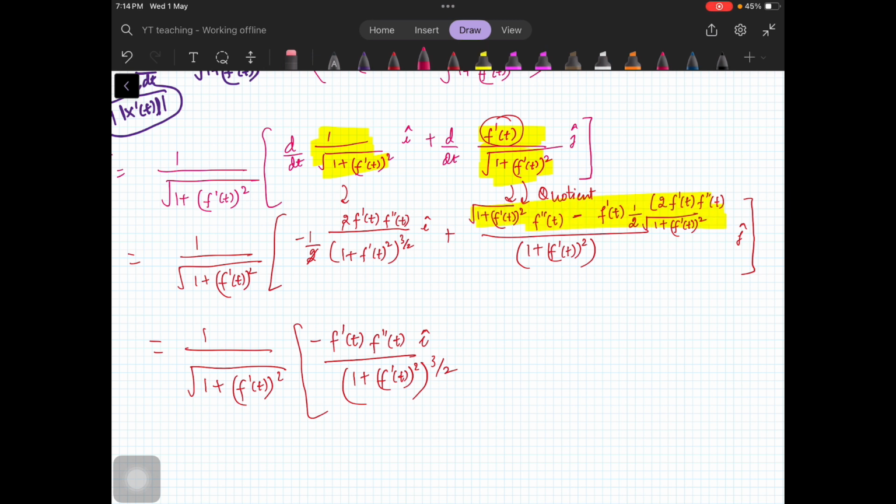So, if you do so, in the denominator you will get this thing, and then you also have this thing, right, and let me cancel something, 2 and 2 cancels.